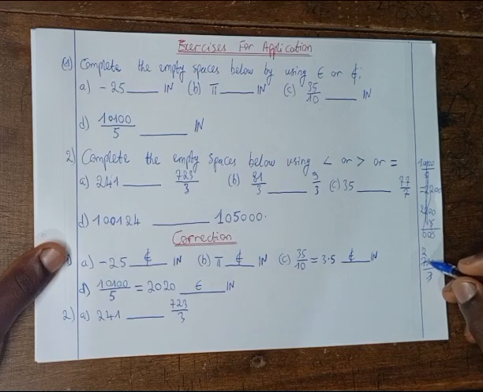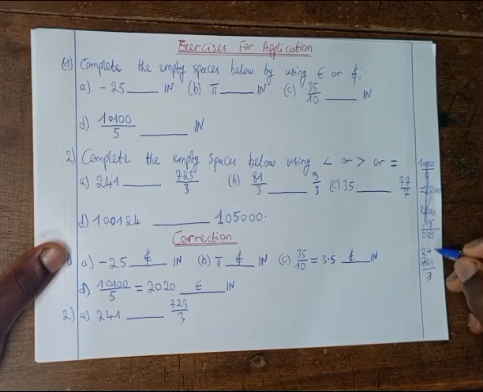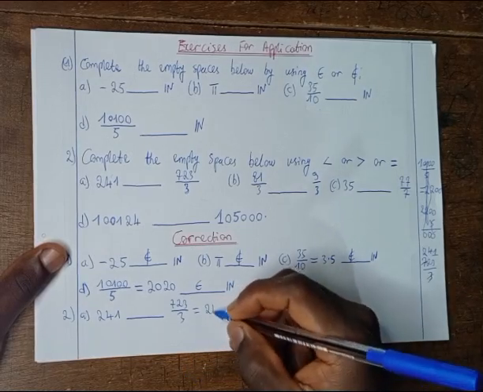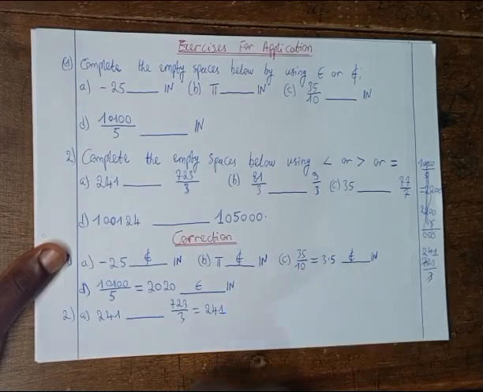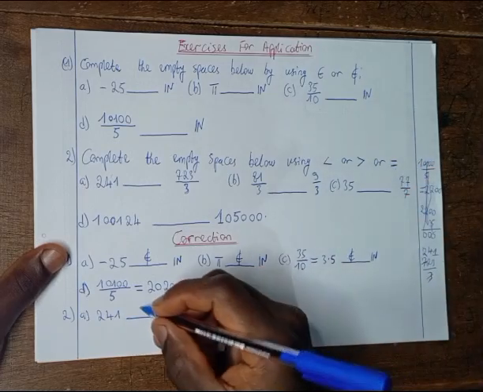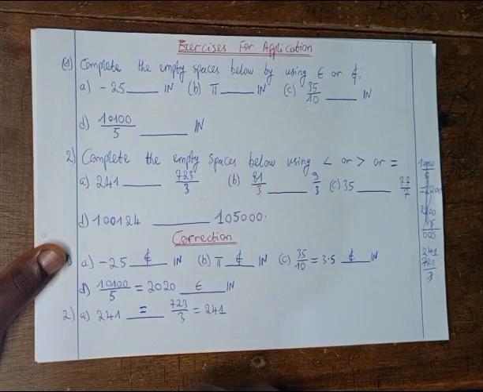We are going to attach the 1 to this 2 to form the number 12. 3 will go into 12 4 times, 3 will go into 3 1 time, so it gives us 241. So 241 is simply equal to 241. So in this case, we are going to make use of the equal to sign.